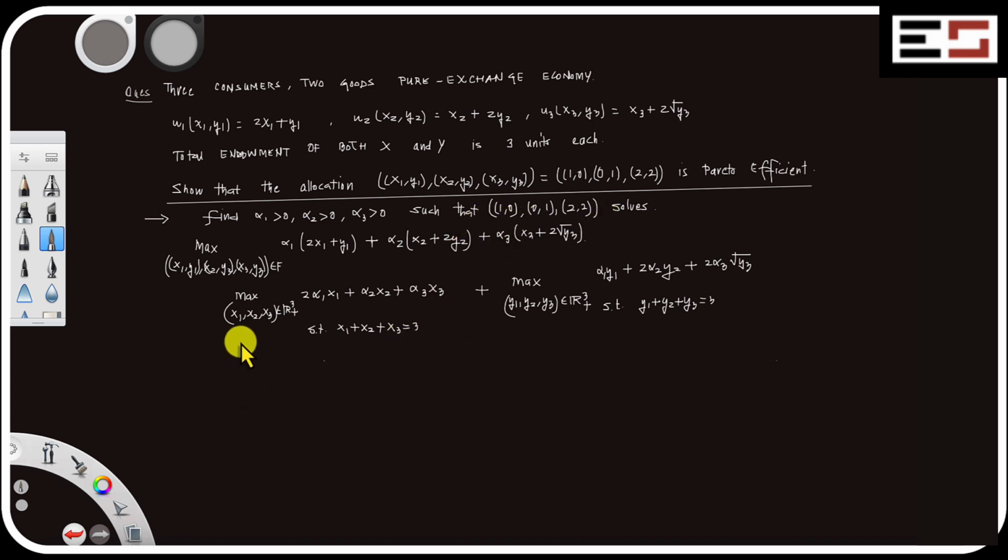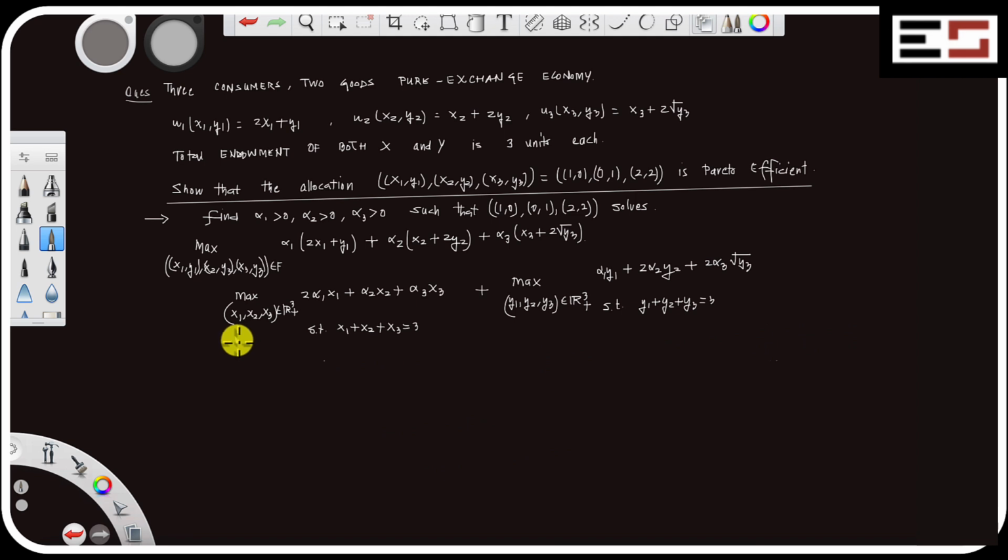Okay, now we want x1 to be 1, x2 to be 0, and x3 to be 2. So for this, it must be the case that 2 alpha 1 must be equal to alpha 3, so that you are indifferent between choosing any amount of x1 and x3, and alpha 2 must be smaller than both 2 alpha 1 as well as alpha 3.